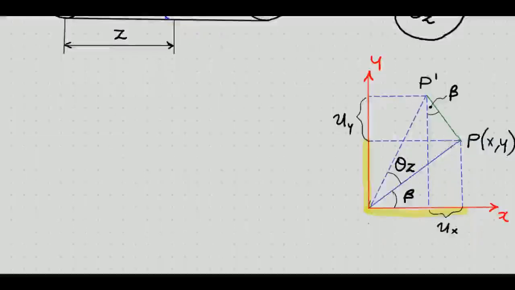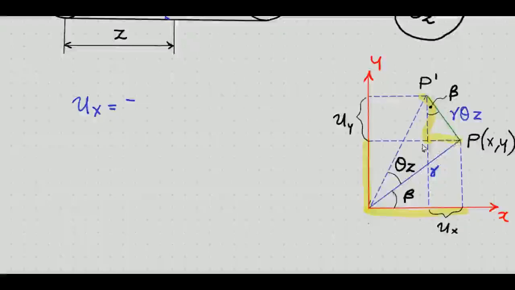The displacement component in the x direction is ux, which is in the negative x direction, and in the y direction uy, which is in the positive y direction. So what will this length be if this is r? From trigonometry, for small deformation, this will be r theta z.